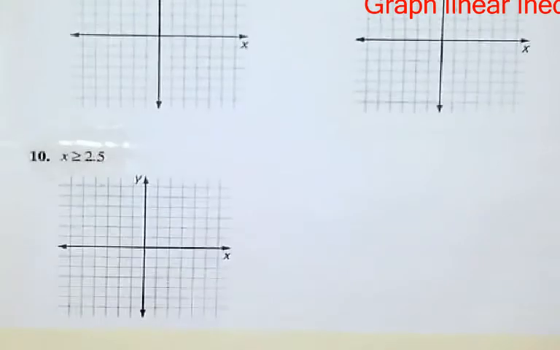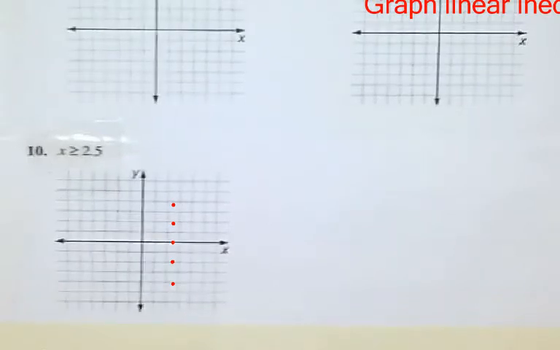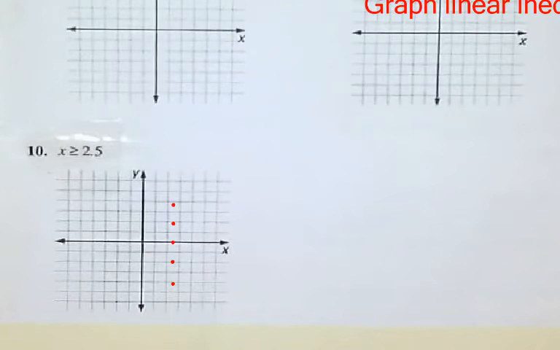Okay, how about this one? X is, now, solid or dotted? That's the first thing you think. Solid or dotted? Well, this kind is solid. So where is 2.5? Well, there's 2, so a half would be right there. So if I had a ruler, I could maybe make that straight.